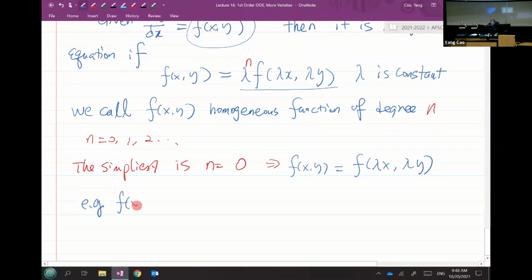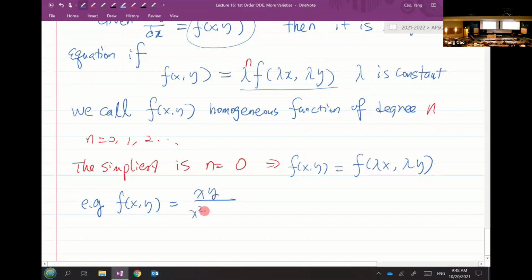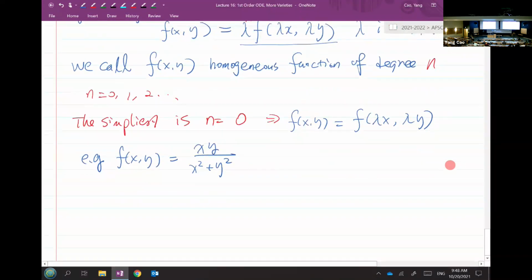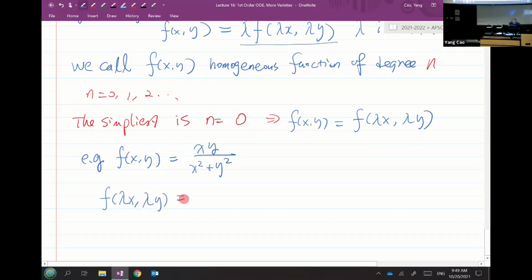So let's see if I have a function f of x, y equal to this. Then obviously you cannot separate it because it's all tangled together. But I can try this. Let's try replacing the x with lambda x, and the y with lambda y. Let's see what we have.